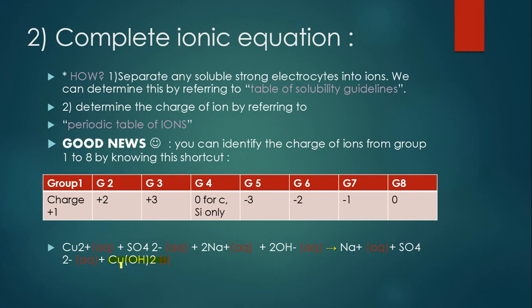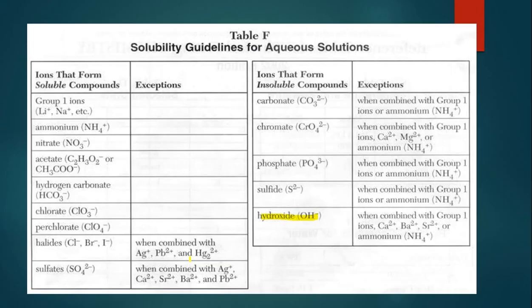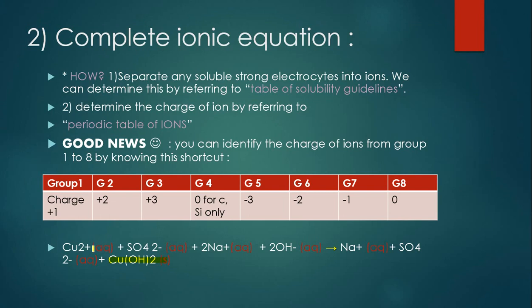Therefore, it is insoluble, therefore it is a solid. So we do this comparison for each ion one by one according to this table, and then we will see that all of these are aqueous, and only this one is a solid because it's not soluble.